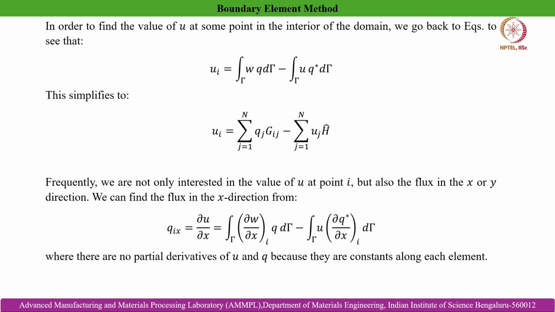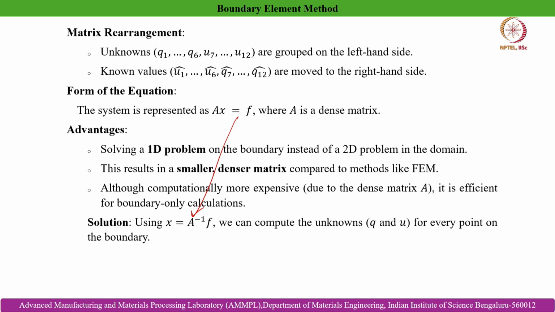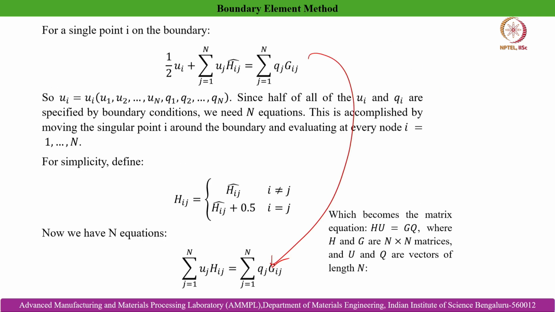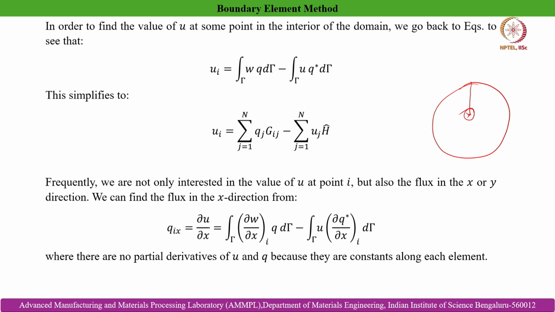And in order to find the value of U at some point in the interior of the domain, assume this is your domain. If you have to find a value at an interior point, we go back to the equation that we have written earlier. We are going back to this form and writing it as u_i = integral of w q d tau minus integral of u q asterisk d tau.